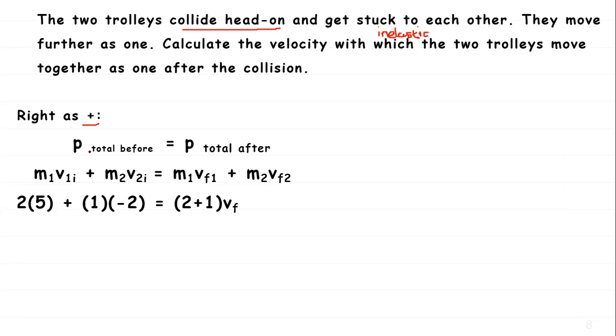So if the right is positive, then the left is negative. And this will be equal to, now what you should see here is that this velocity, we take it out as a common factor because it's an inelastic collision. They are moving together as a unit. They are stuck to each other. So if you remove it as a common factor, then you will be left with the mass of trolley 1 plus the mass of trolley 2.